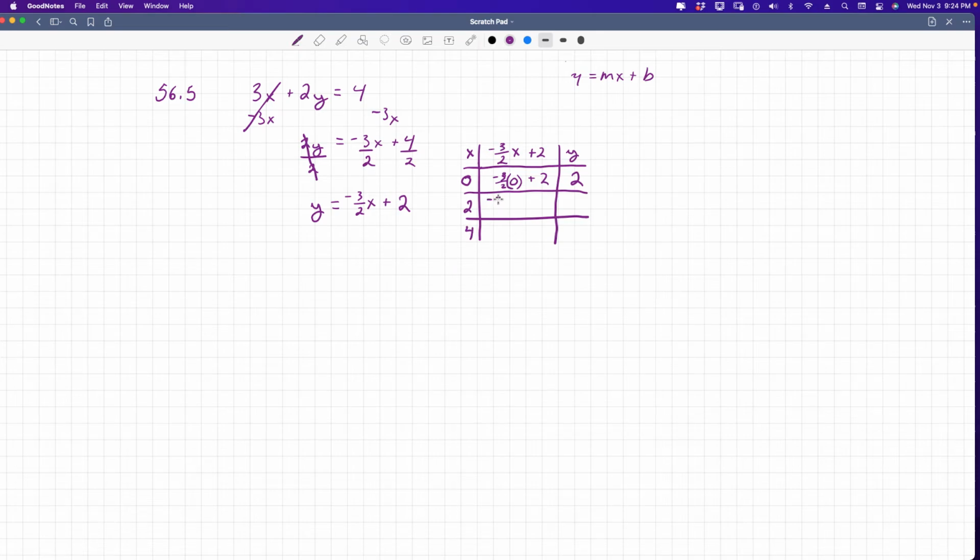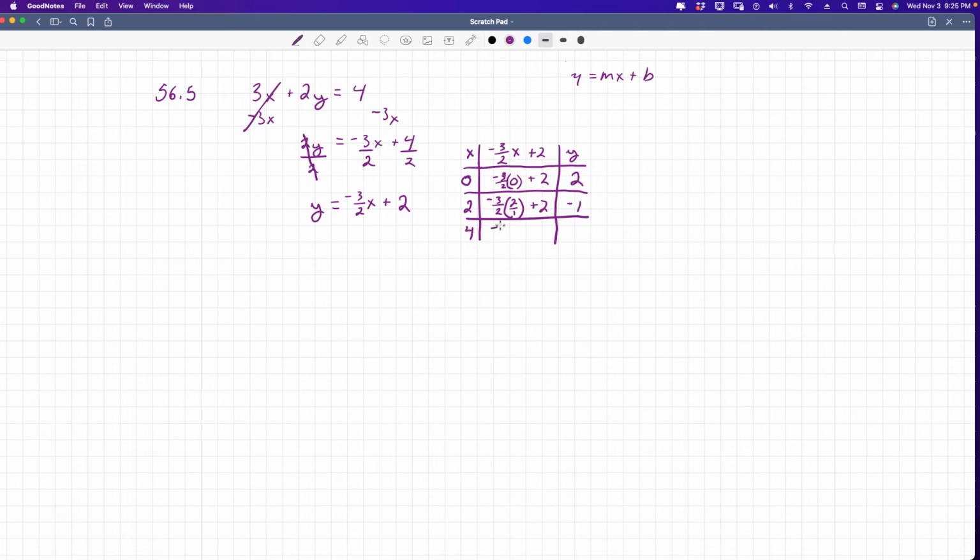So if I say negative 3 over 2 times 2, which would be 2 over 1, plus 2, that becomes negative 3 times 2 is negative 6 divided by 2. That's going to be a negative 3 because these two will cancel. Negative 3 plus 2 is going to be a negative 1.